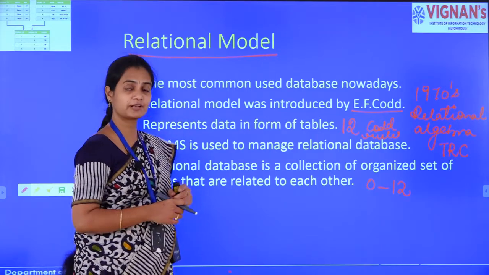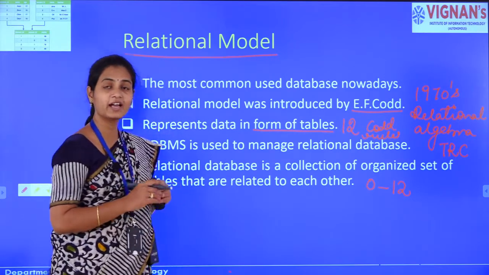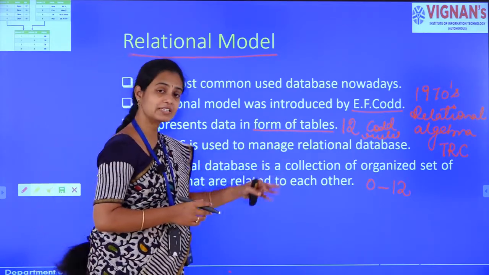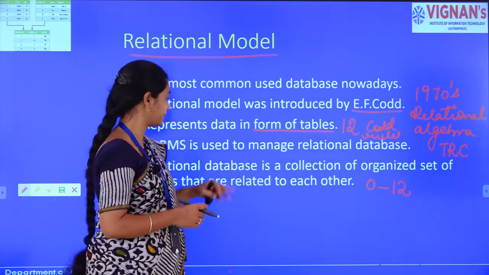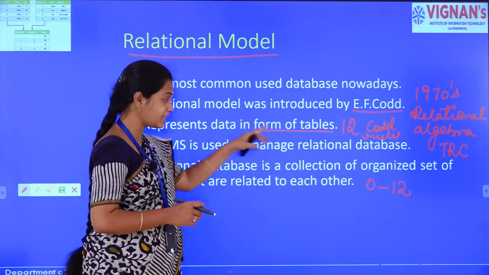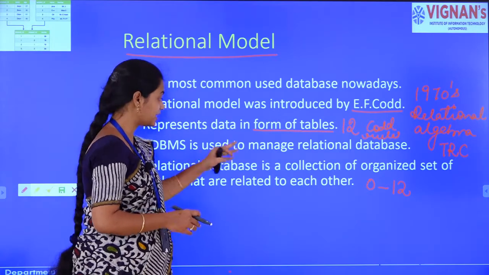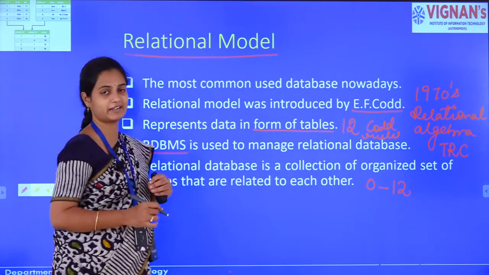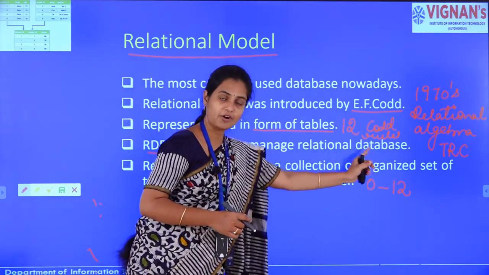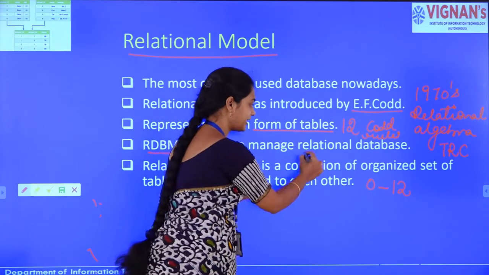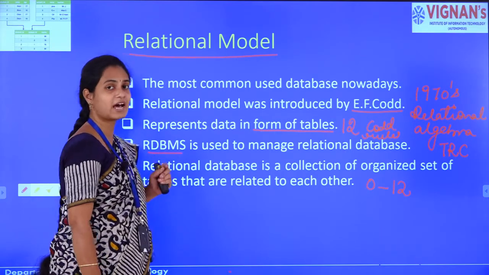So in this relational model, we store the data in the form of tables. After this we will see what is a table. Now the data is stored in the form of tables, and RDBMS is used to manage the relational database. What is this RDBMS?